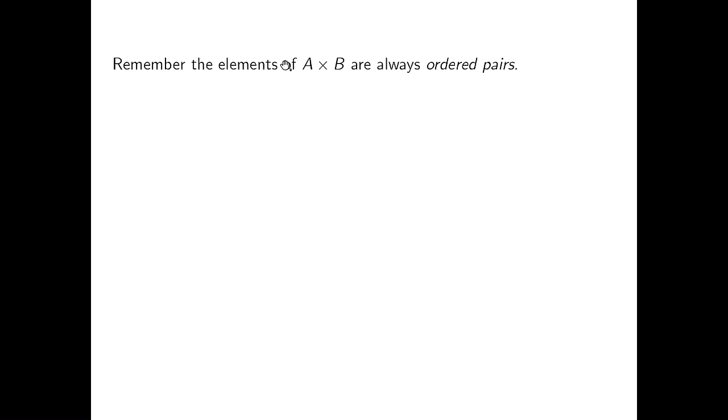So remember, elements of A cross B, sometimes rather than saying Cartesian product, people just say cross. The elements of A cross B are always ordered pairs. So name me some elements of A cross B here. Yeah, (0, 1), (0, 2), (0, 3).